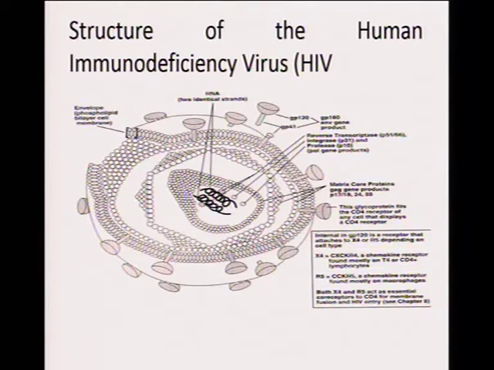So, the structure of the human immunodeficiency virus. As HIV and AIDS students, we need to understand the structure of HIV, because the way HIV is designed and how it eventually infects the most critical part of the human body, which is the CD4 cells, plays a very important role, especially at the stage at which we are studying.